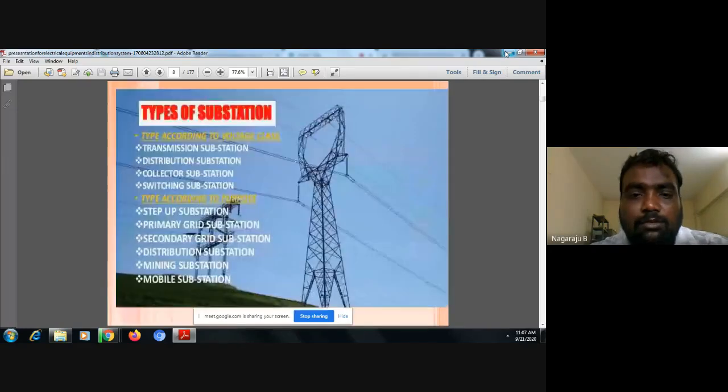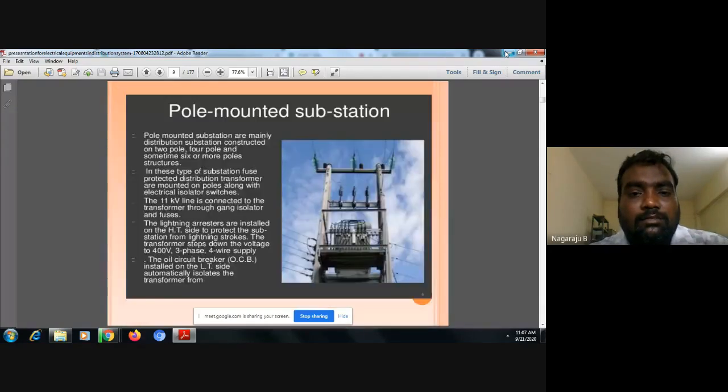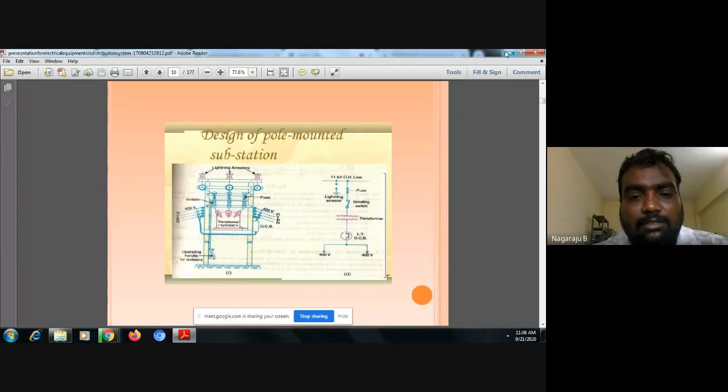Whenever I move to the pole mounted substation, here also you have some protecting devices. This supply is connected to the protecting devices. This is about the clear view of that.